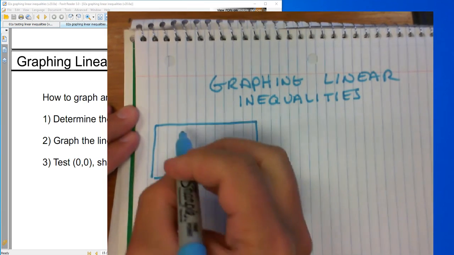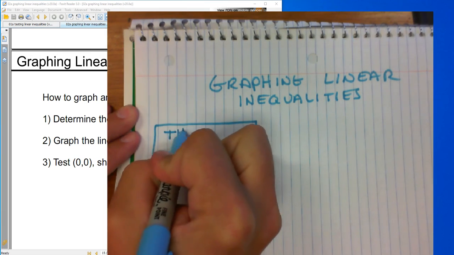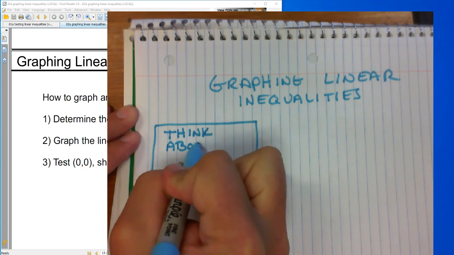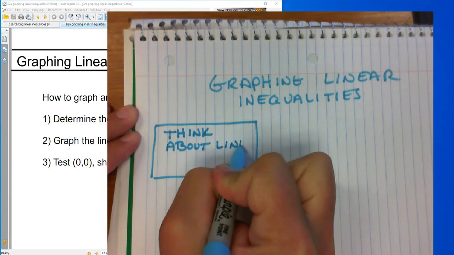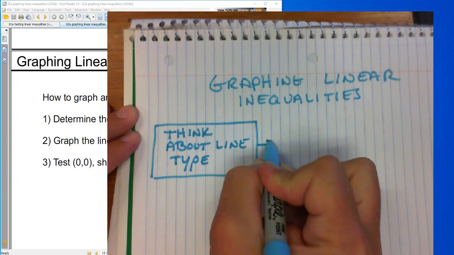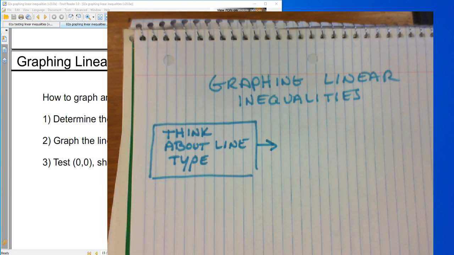First thing, think about the line type. So that means solid or dashed. Figure out if it's going to be solid or dashed.